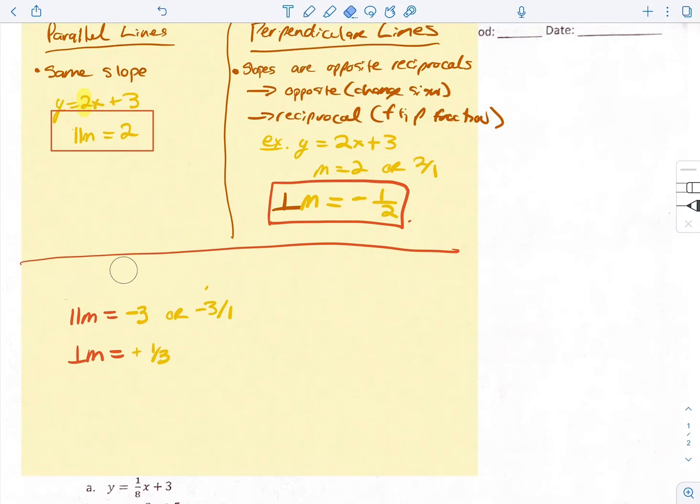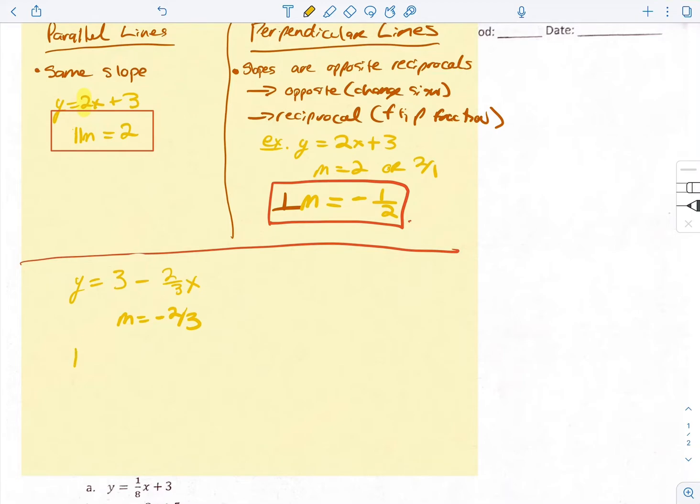Also, don't forget that you may see some examples where maybe you have y = 3 - (2/3)x. And you may be tempted to say that the slope of this line is 3 right here. But note there is a minus, and this -2/3 is attached to the x. So our slope in this situation is actually -2/3.